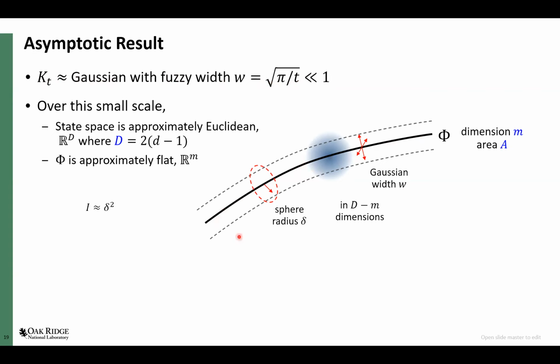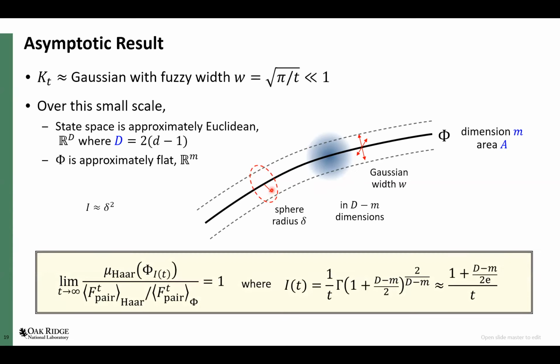And then we can ask two things. We can ask what the effective volume is when we take this flat surface and convolve it with a Gaussian. We can work out that fuzzy volume. We can then ask what the volume of states within some distance delta of this flat surface is. That's just the volume of a sphere with radius delta.